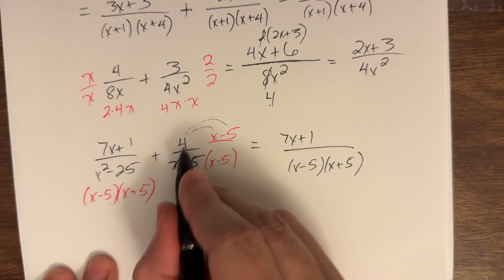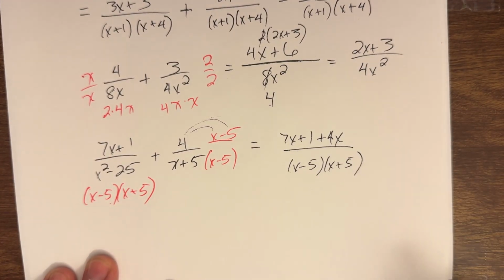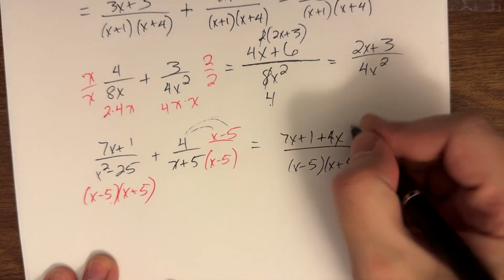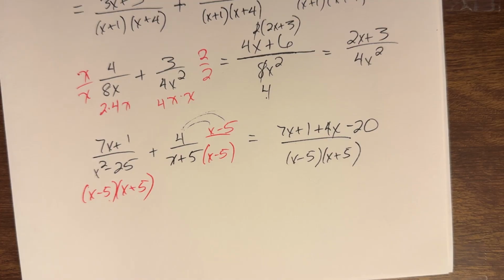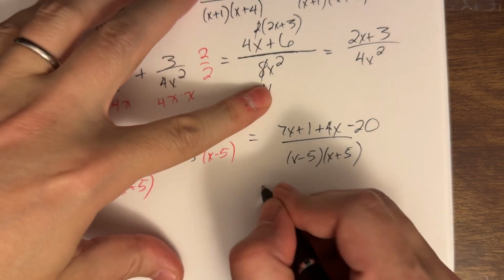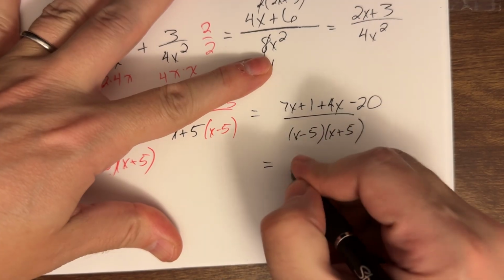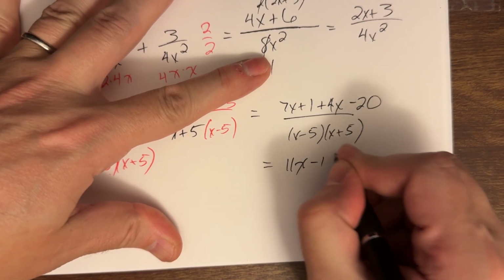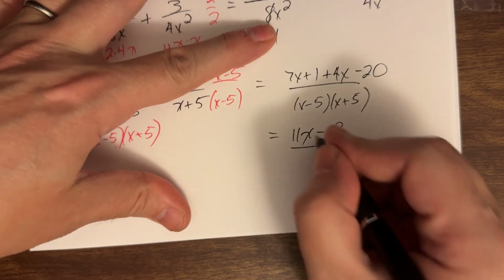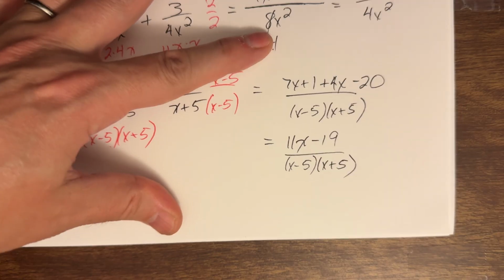I've got a positive in front, so a positive 4 times x is a positive 4x. A positive 4 times negative 5 is negative 20. And now I'm just collecting my like terms. 7x plus 4x is 11x. 1 minus 20 is minus 19. And it's still over the x minus 5, x plus 5.